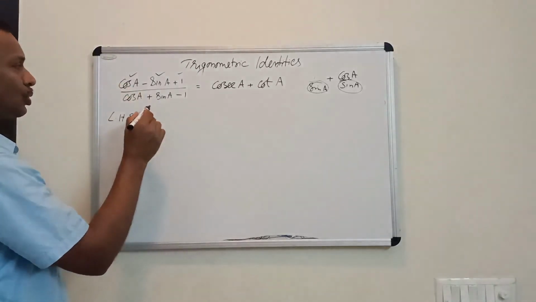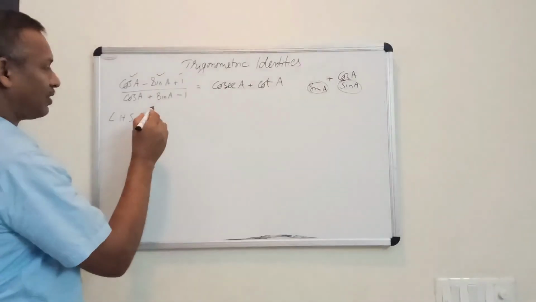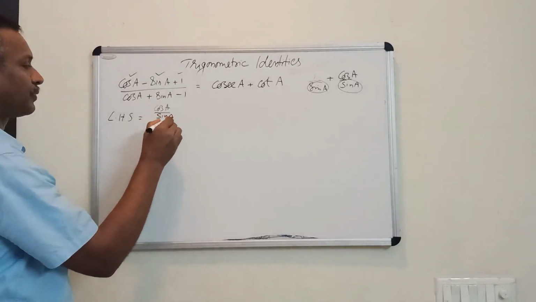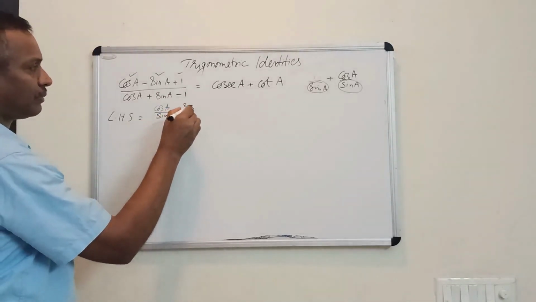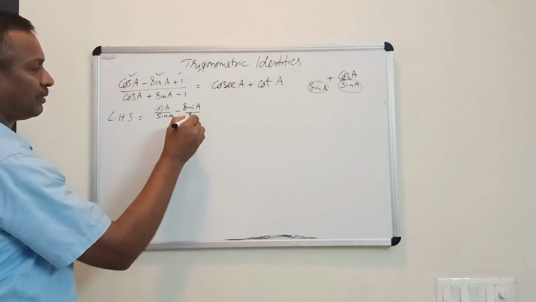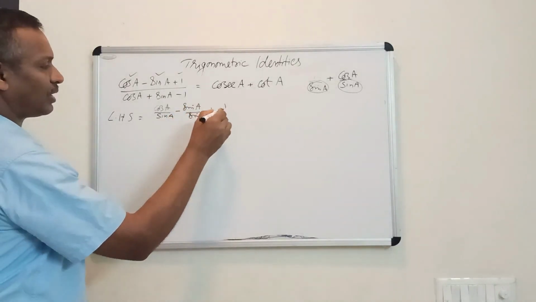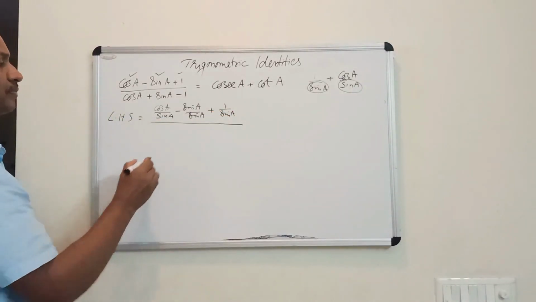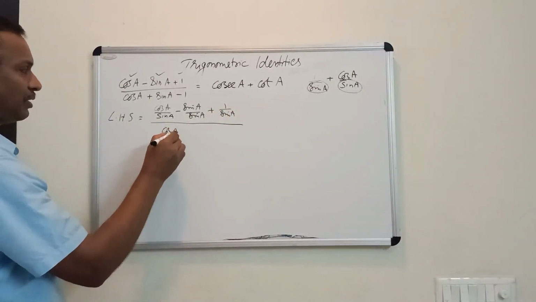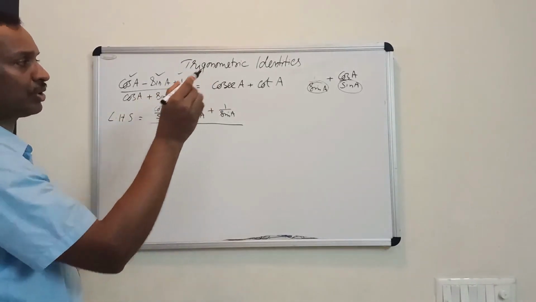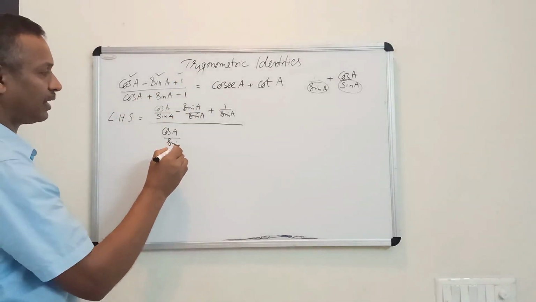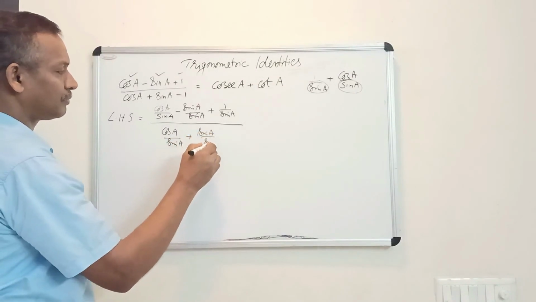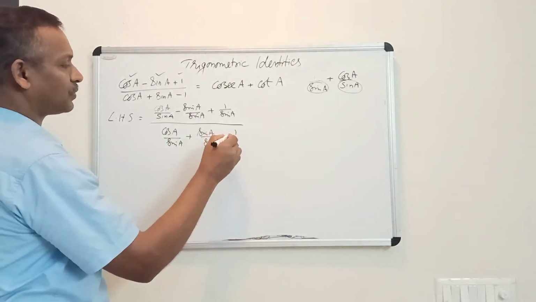So cos A by sin A minus sin A by sin A plus 1 upon sin A, divided by cos A, again in the denominator every term we are going to divide by sin A. Sin A by sin A plus... minus 1 by sin.